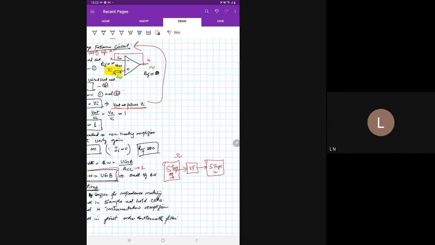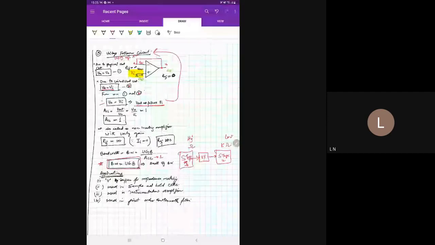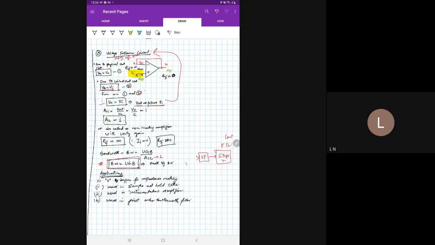Its impedance is in ohms, and this is in kilo-ohms, for example. One is very high and the other very low. So it can match these two stages also. And matching of impedance is very important as far as the maximum power transfer theorem is concerned. In order to have maximum power transfer, we know that impedance matching between stages is very important.